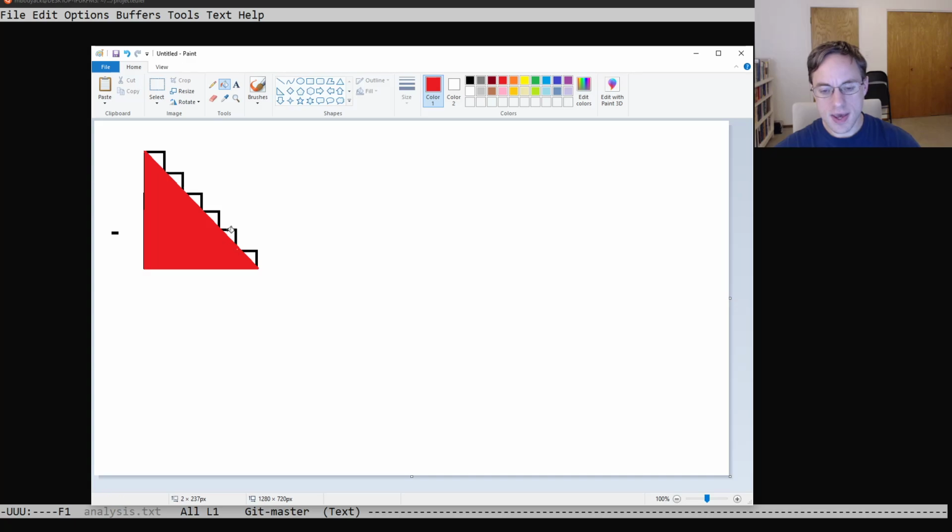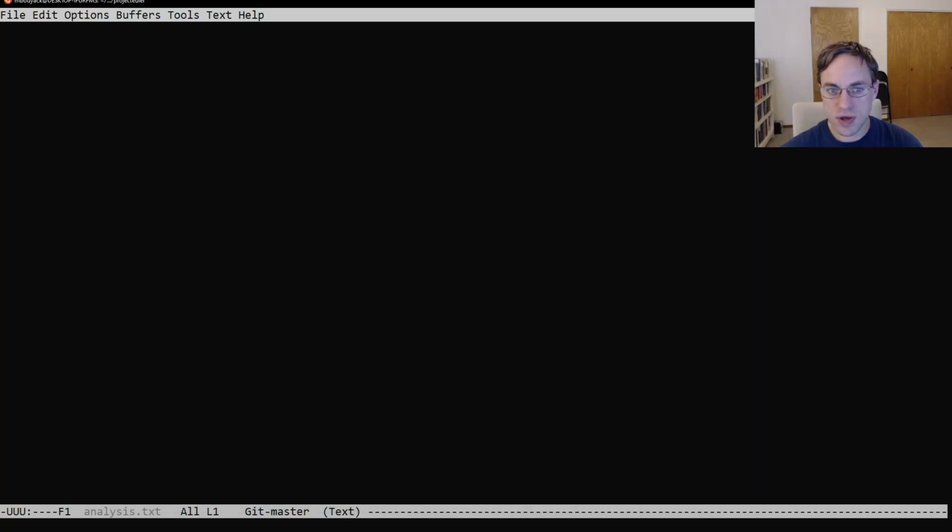And so for a quick approximation of the triangle numbers, it's just going to be n squared divided by 2. And so we can note that in our analysis file here.